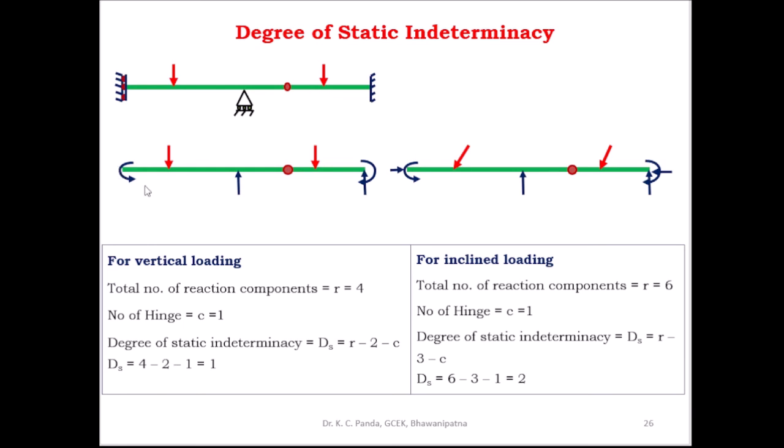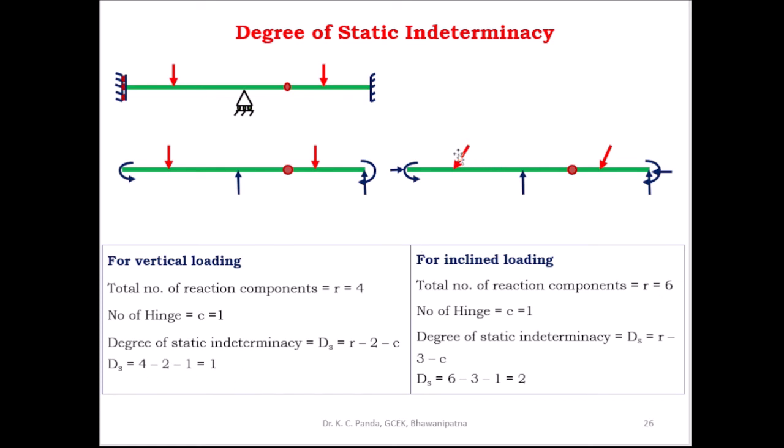So the total number of reaction components is equal to 4, and one internal hinge, so C is equal to 1. The degree of static indeterminacy can be found using ds is equal to r minus 2 minus C. So ds is equal to 4 minus 2 minus 1 is equal to 1.